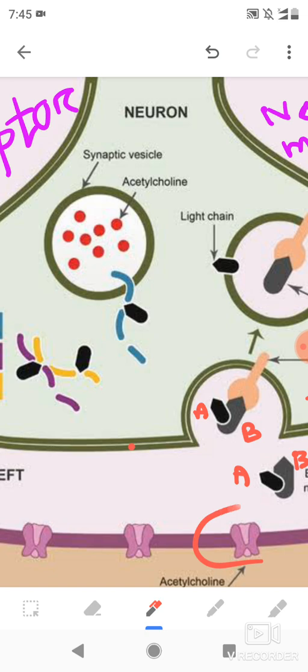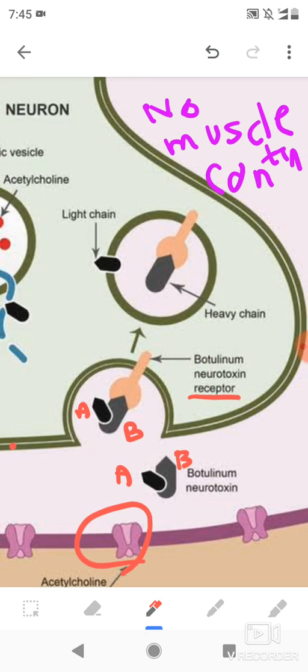This is the A chain, the light A subunit, and the heavy B subunit. In all the toxins we have already discussed, the B subunit is always for the binding purpose. So this is the botulinum neurotoxin receptor, and the B subunit binds with the botulinum neurotoxin receptor.